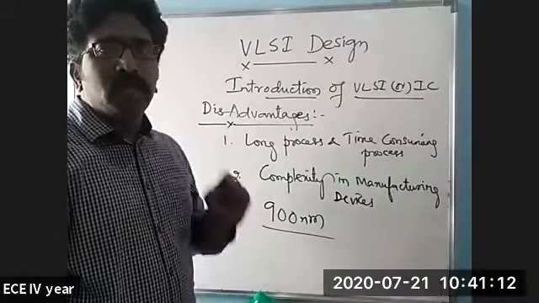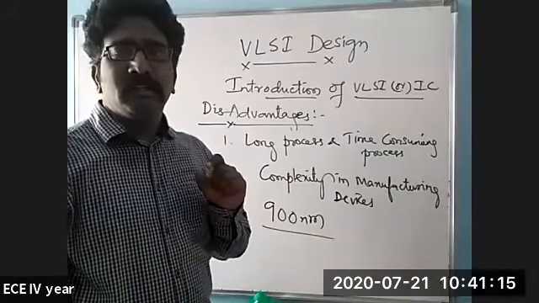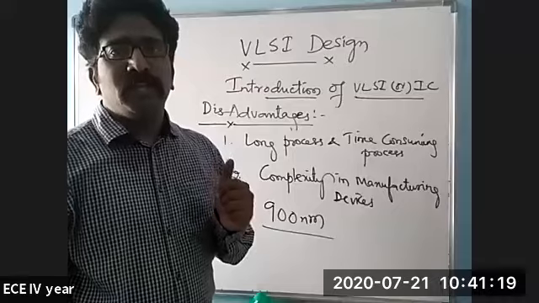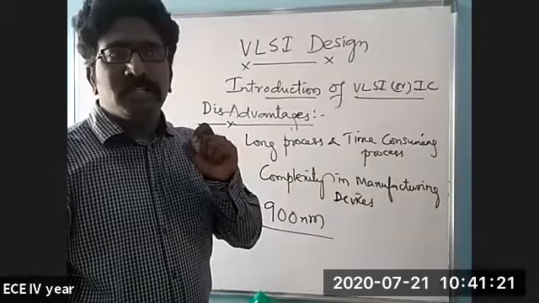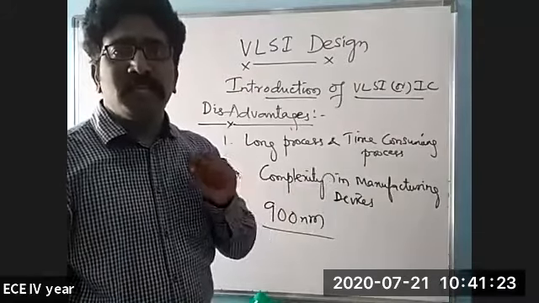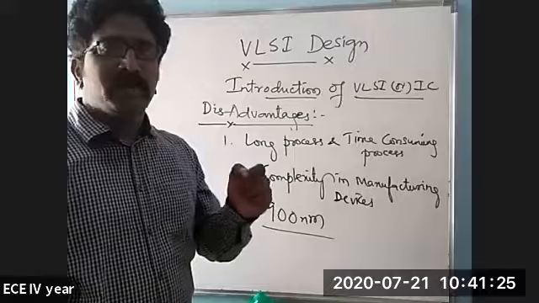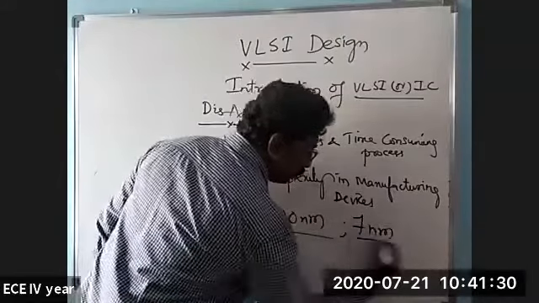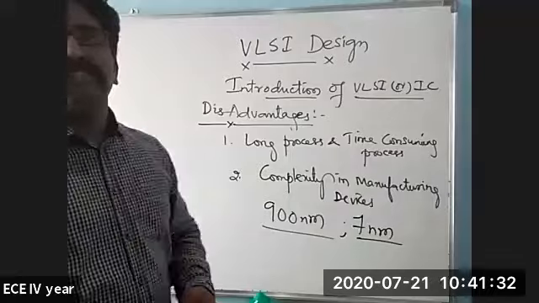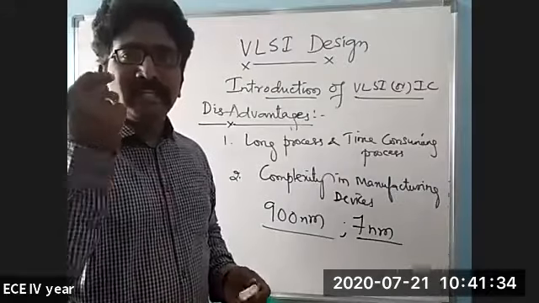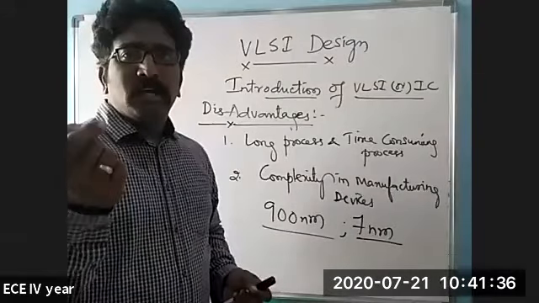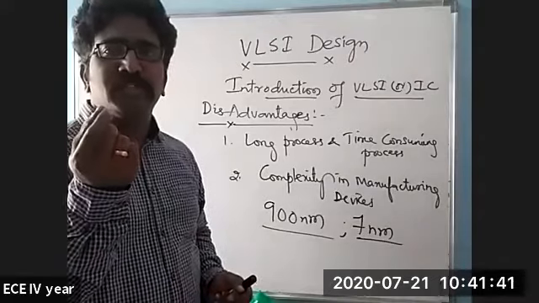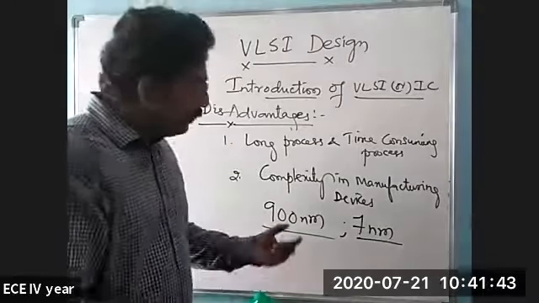But now, the devices we are holding in our hands, or will be holding in the near future, are being manufactured with 7 nanometer. You can imagine how small an integrated circuit is being manufactured, and how small a device called a transistor is, compared to the thickness of your hair.